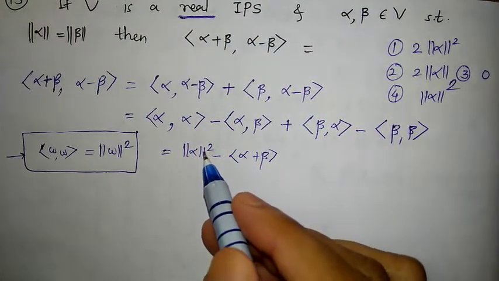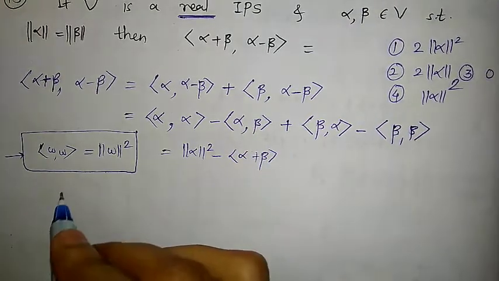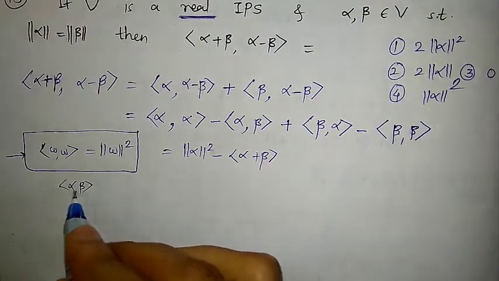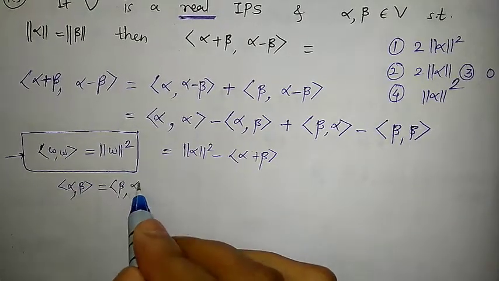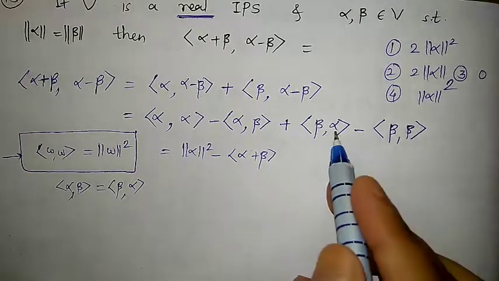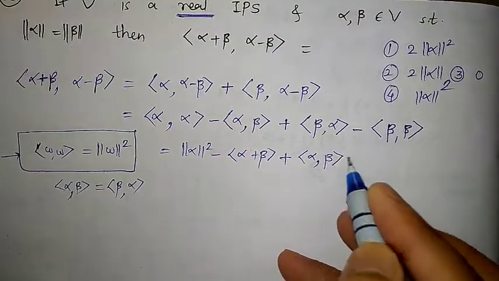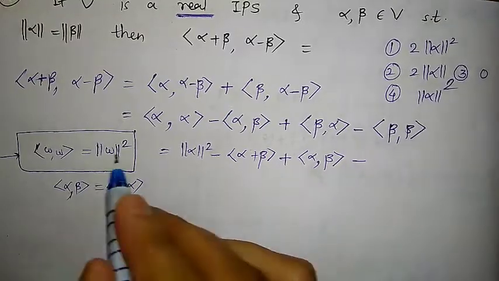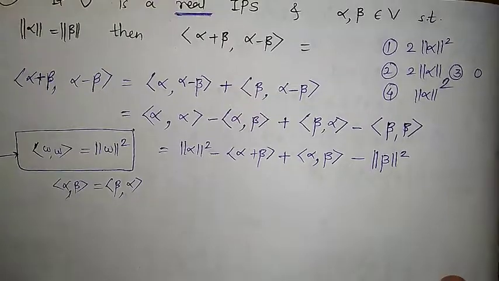So in real inner product space we have the property that inner product of alpha with beta is same as inner product of beta with alpha, right? So we can write this as plus inner product of alpha, beta, then minus, use this property, this is just norm of beta square, right?